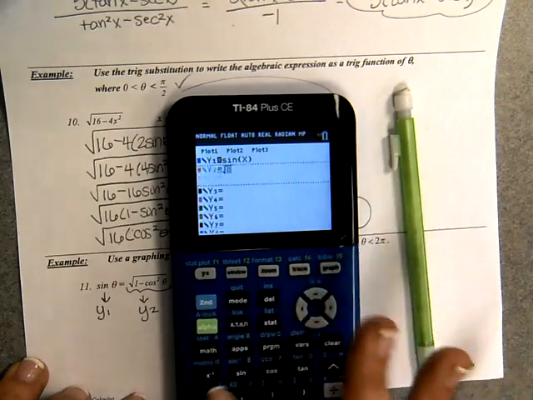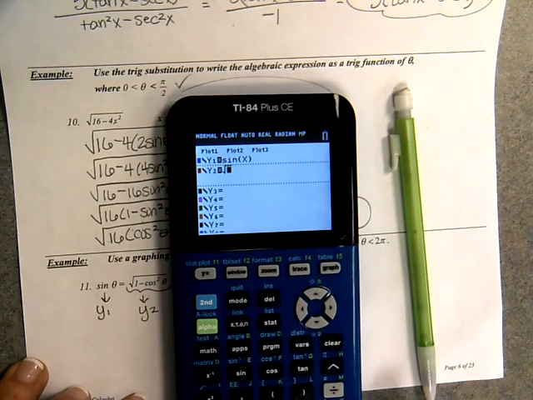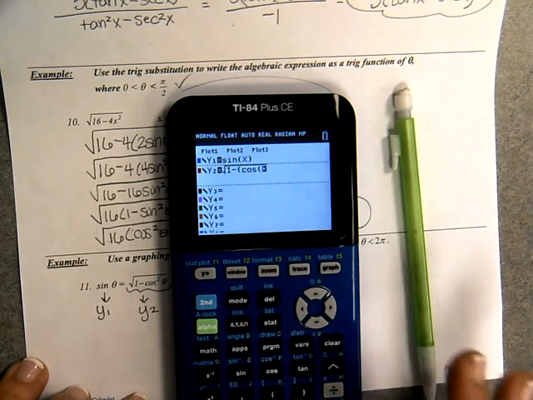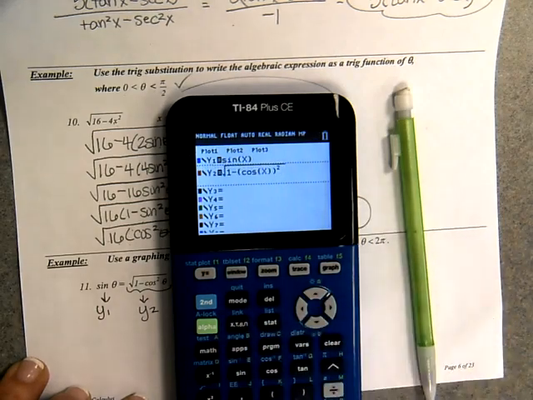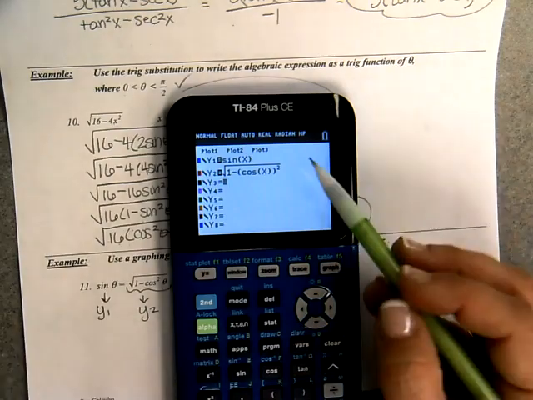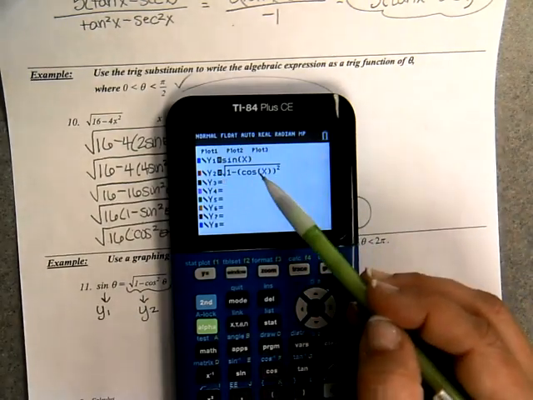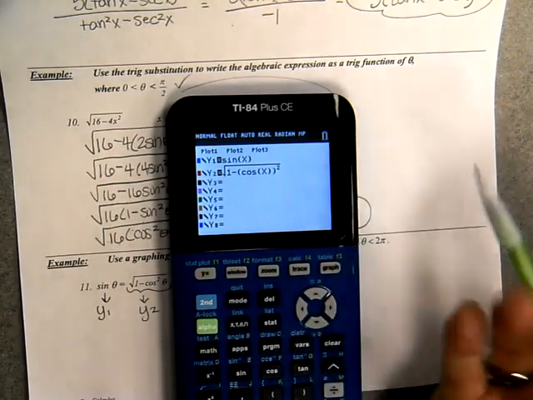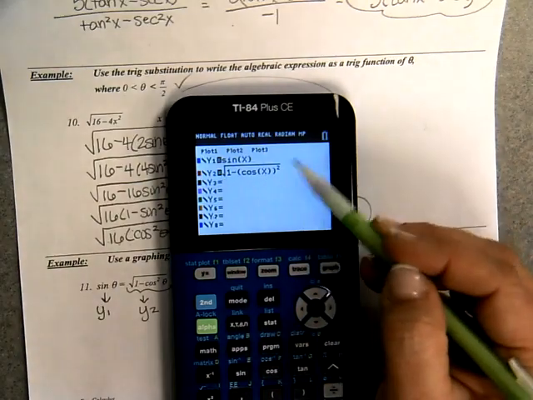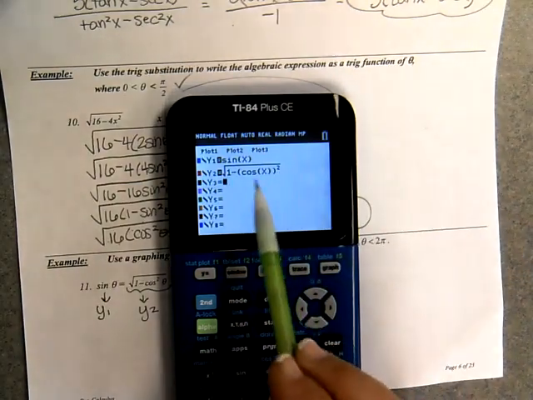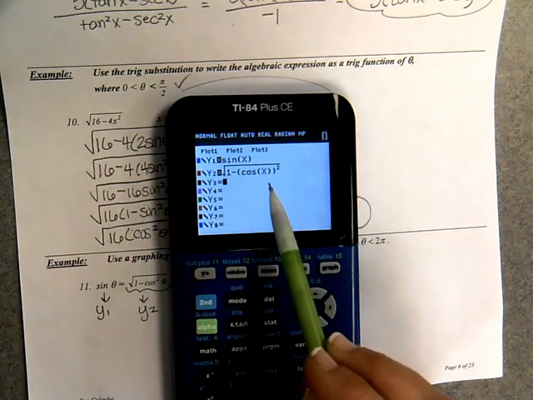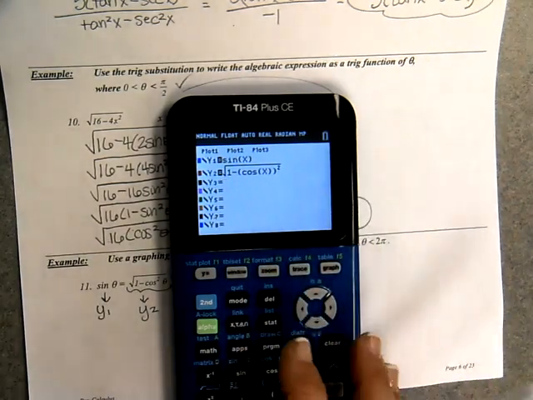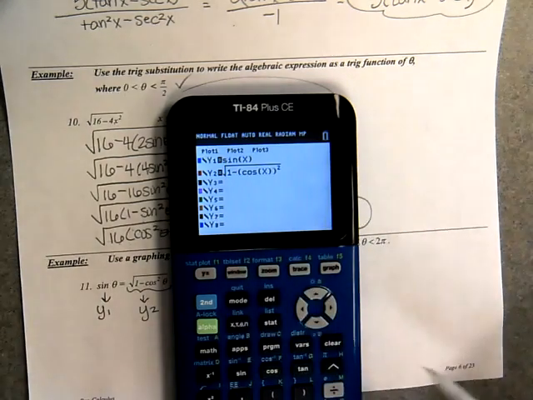And in the y2, I have the square root of 1 minus the cosine of x, squared, like this. So again, even though we write cosine squared x, in the calculator we have to tell it to square cosine x. Be careful that you are squaring the entire cosine function, not just squaring the x. So make sure that you're cautious about the parentheses there.